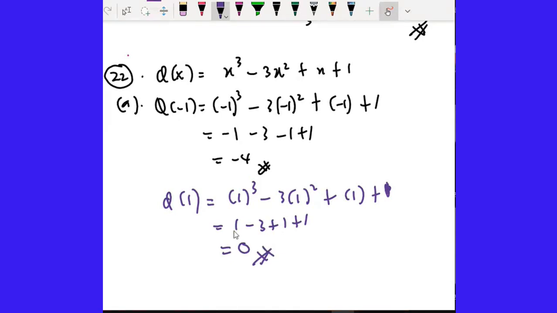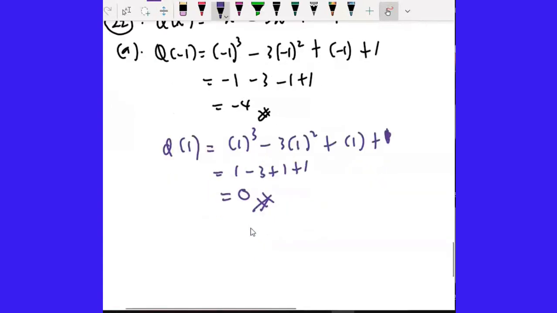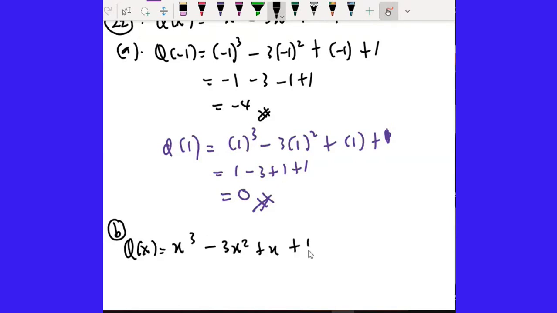Settle for part A. Part B, express Q(x) in the form of one linear factor and one quadratic factor. Okay, so Q(x) for B, x cubed minus 3x squared plus x plus 1.